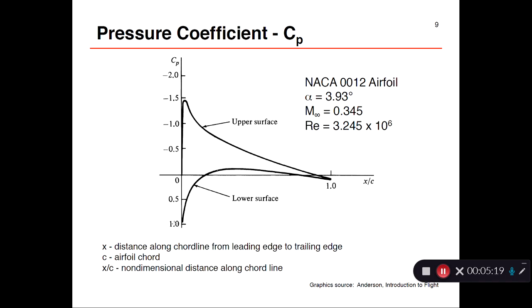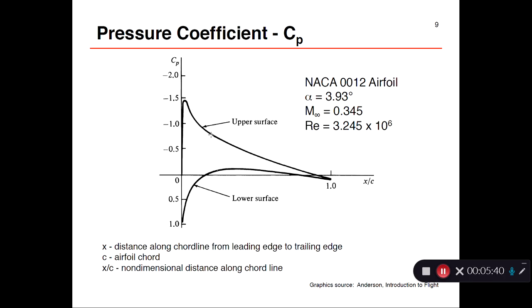A very high positive value means P is very, very high compared to P infinity. A negative value means P is less than P infinity. Over a very short distance from the nose of the aerofoil, from the front stagnation point, pressure rapidly decreases. Then it starts increasing.